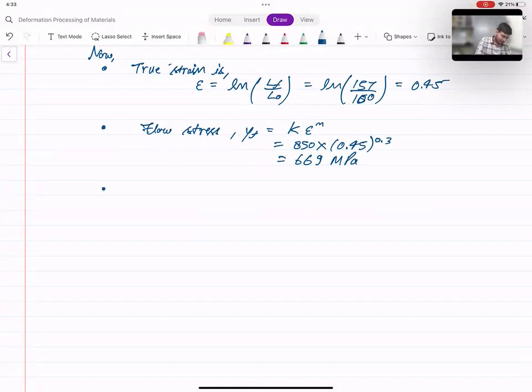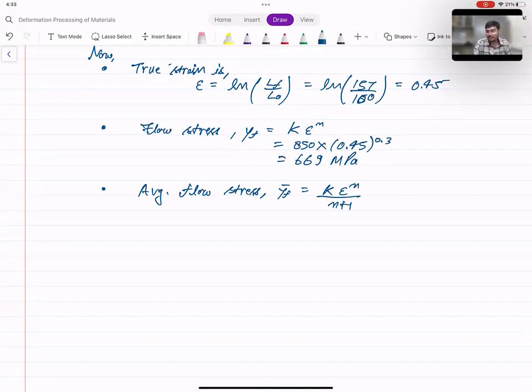Similarly, we can calculate the average flow stress here. Average flow stress is, this is YF bar. This is nothing but K epsilon to power n over n plus 1.